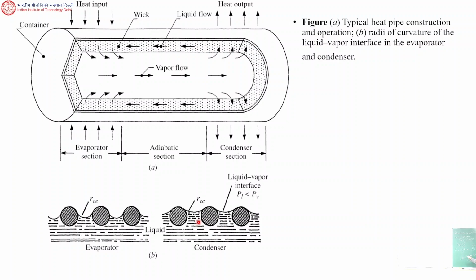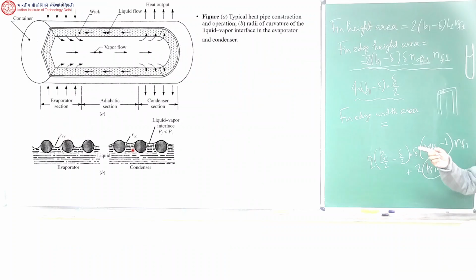The interface at the evaporator and the interface at the condenser do not look the same. Correct? Why? Because in the evaporator section, liquid is getting lost, evaporating and all that, whereas on the condenser side, there is condensation. So it's got more liquid and a more level liquid surface and less curvature.